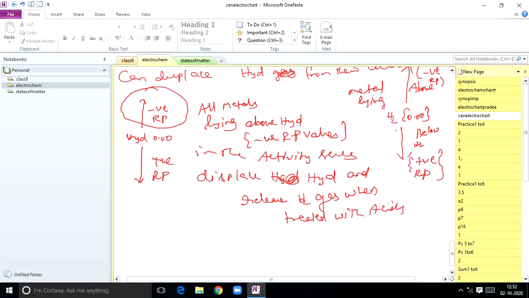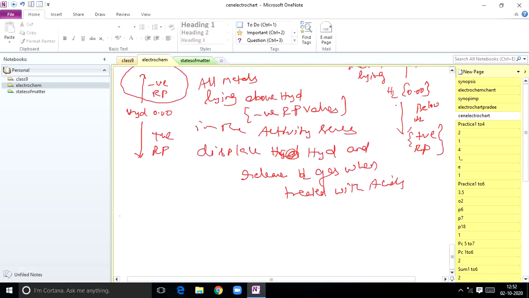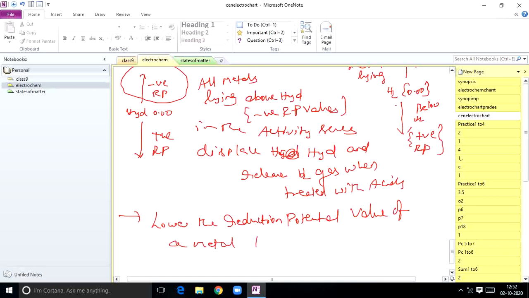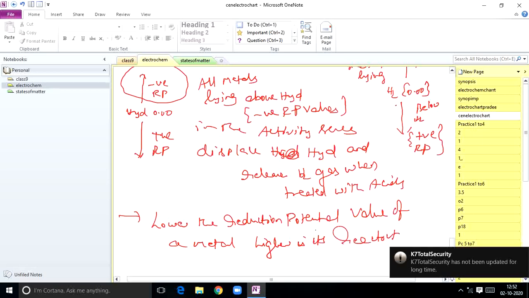So next point, very important point. Lower the reduction potential value of a metal, higher is its reactivity. Okay, students.